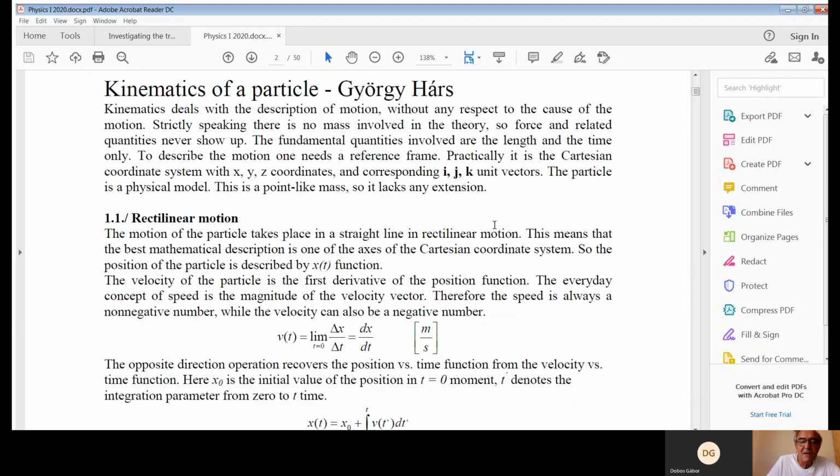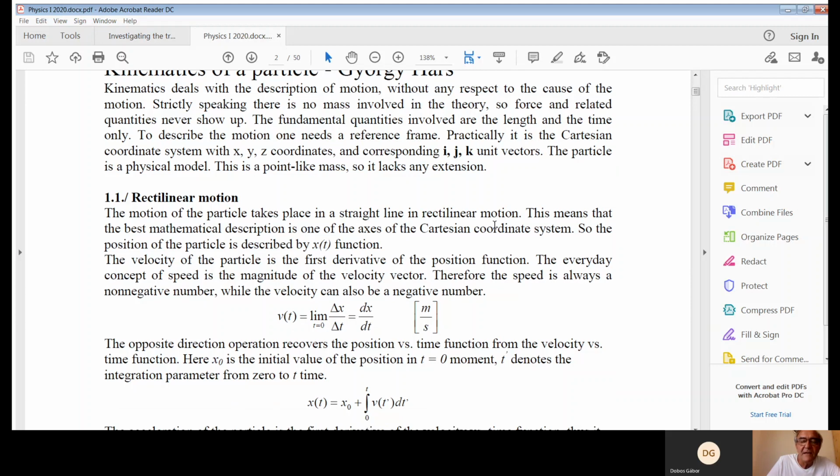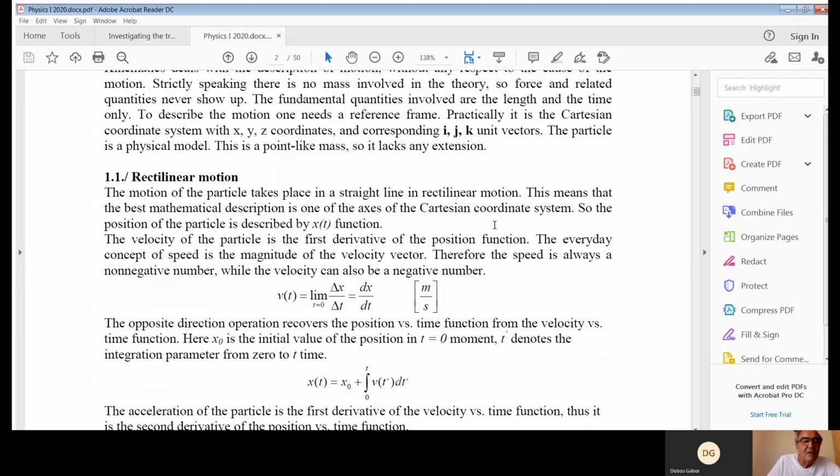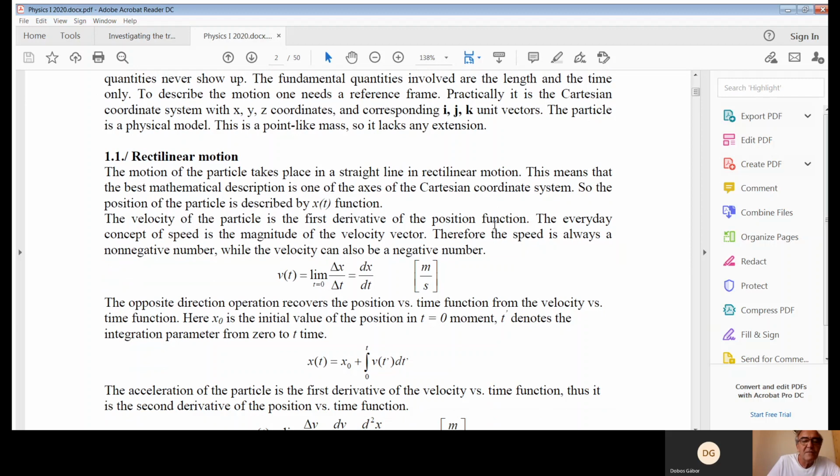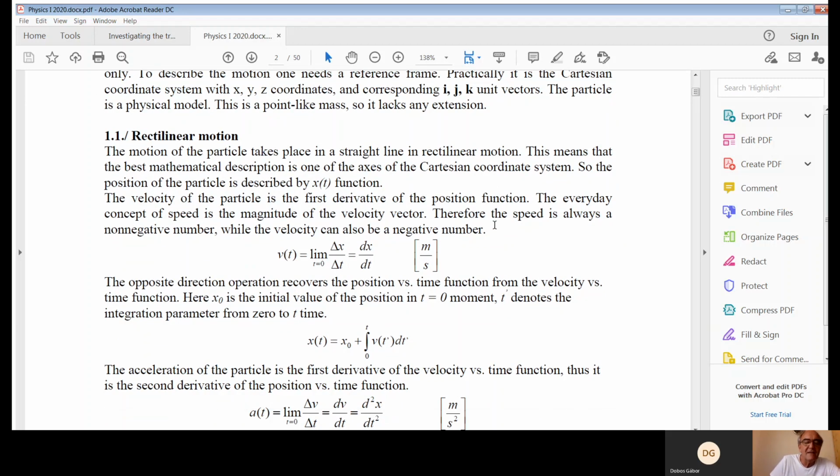So let's just have a look. We have an arbitrary coordinate system, and we want to describe the motion. The first and the easiest motion which we are dealing with is the rectilinear motion. The rectilinear motion is linear, meaning going on a straight line, a motion which is going to happen in a straight line.